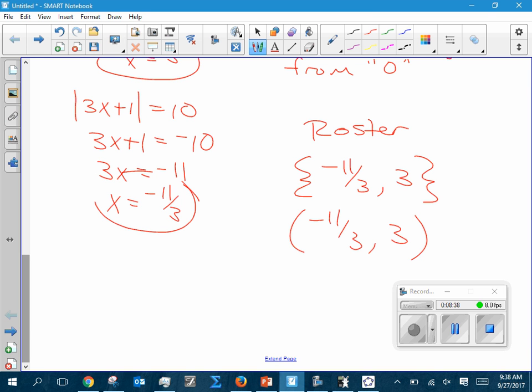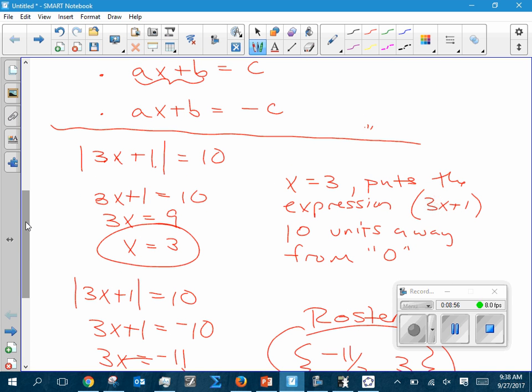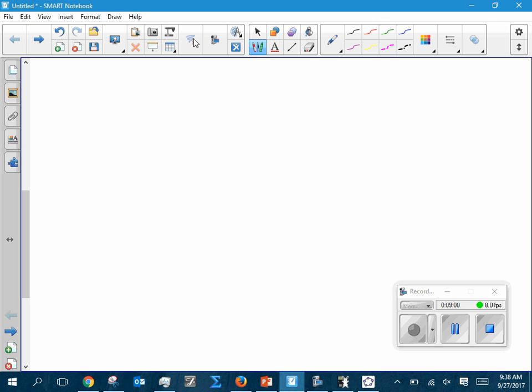So these, though people think it's not a huge deal, those curly braces or parentheses or square brackets tell us a lot about how we read our solutions, what our solutions mean to us, okay? So make sure we're looking at writing it that way. WebAssign kind of eliminates some of that because they either start the curly braces for you or whatever.